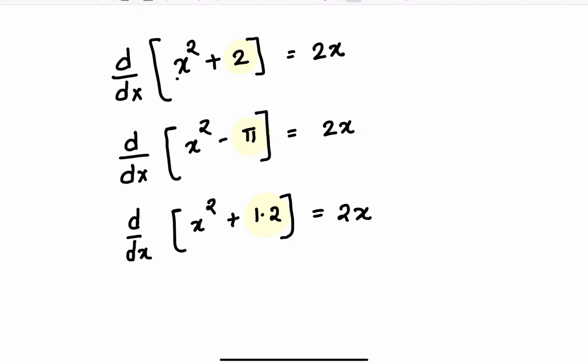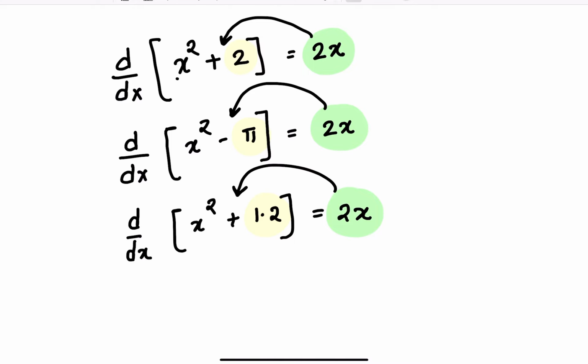What I'm trying to show you is, if I'm trying to find the antiderivative of 2x, it is this. But if I'm trying to find the antiderivative of this 2x, it is this. So how do I know which is what?